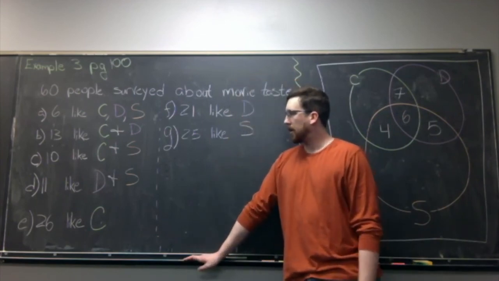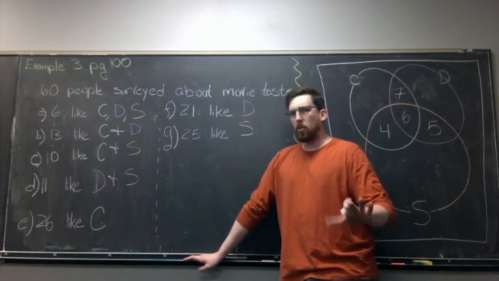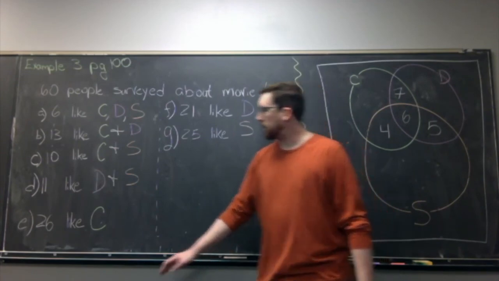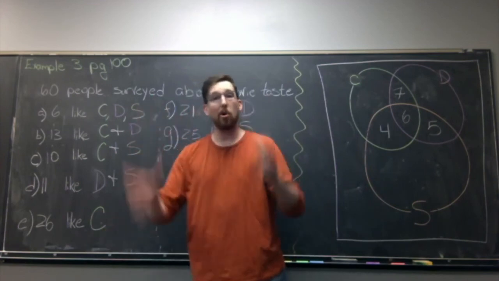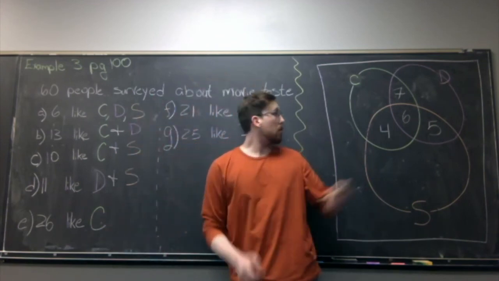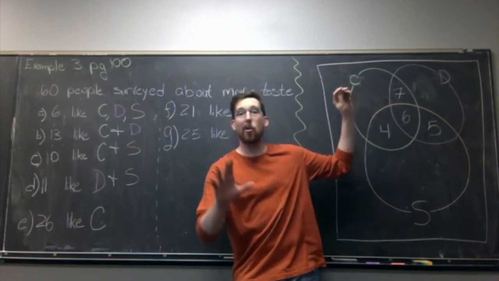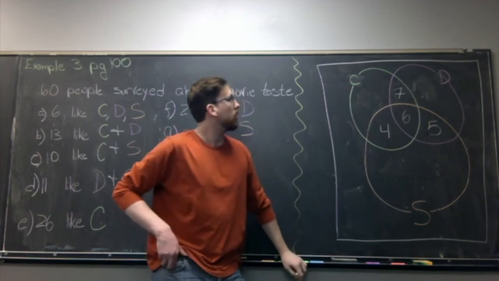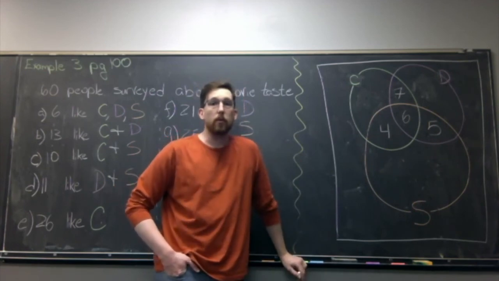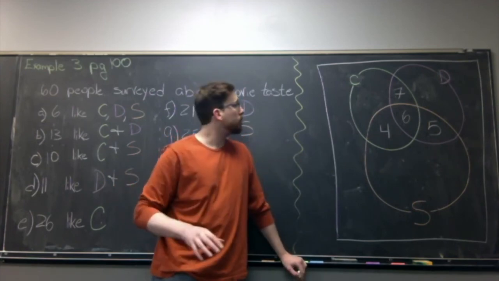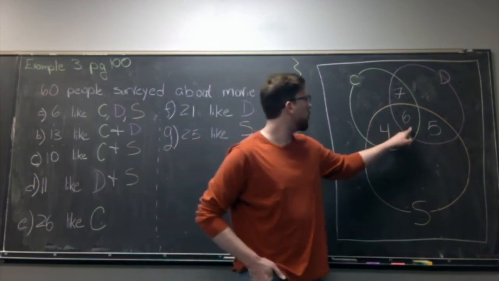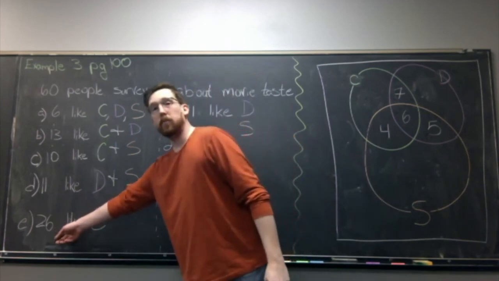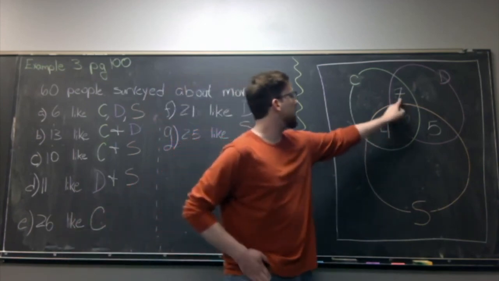All right. Now things get a little bit more cattywampus on us. We've got 26 people who like comedy, 26 on a whole. But we want to be able to figure out how many like only comedy. Well, if we know that 26 people on a whole like comedy, we can use what likes the others to figure out what likes this. And we can do that by saying, let's add these up.